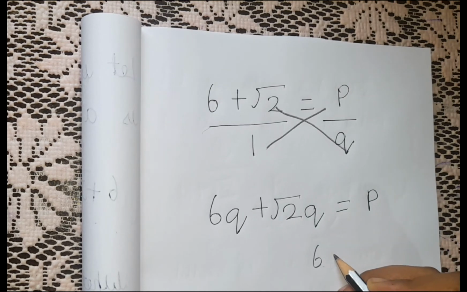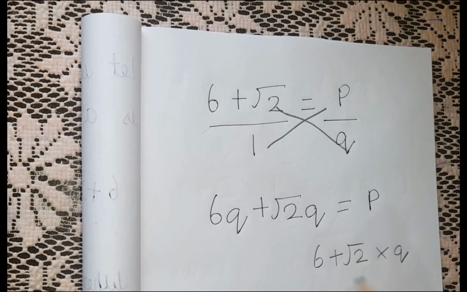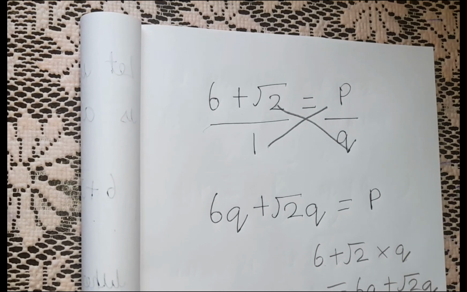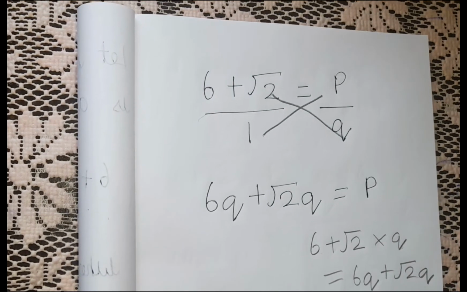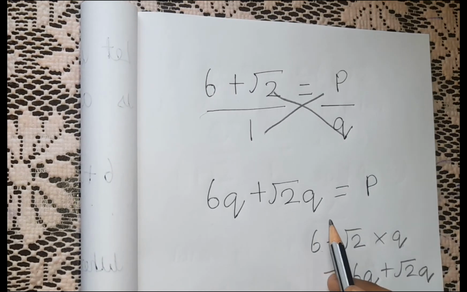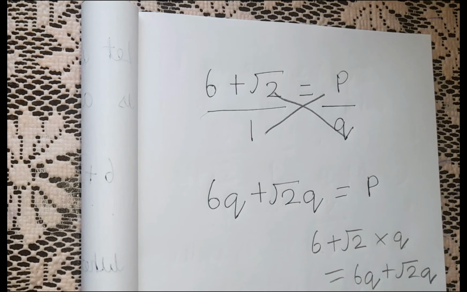Remember this, it is somewhat confusing, so don't get confused in this. So now the answer is 6q plus root 2q is equal to p.